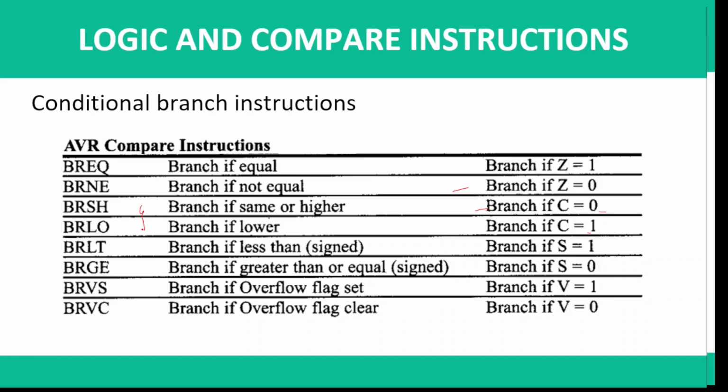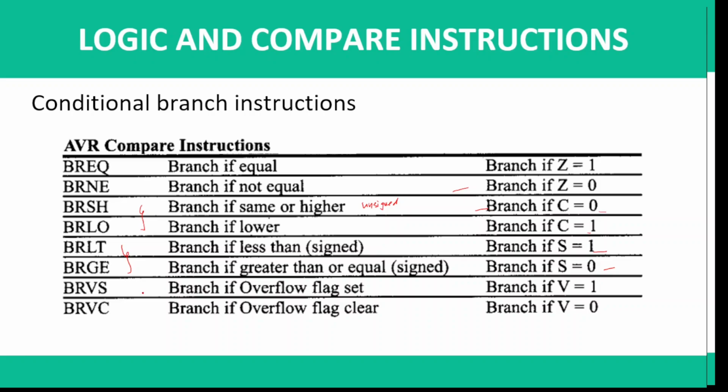Actually, this BRSH and BRLO are conditional branches that can be used for unsigned numbers. And for signed numbers, we can use BRLT and BRGE to compare the two operands if one is less than or greater than. So if it is less than, our S is equal to 1, and if it is greater than or equal, then our S flag is equal to 0.